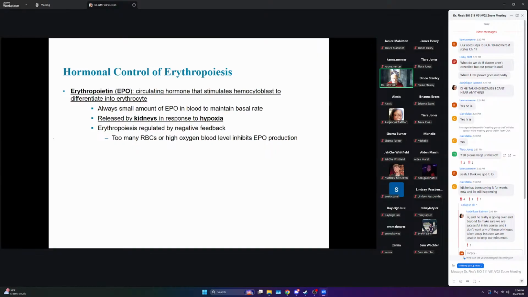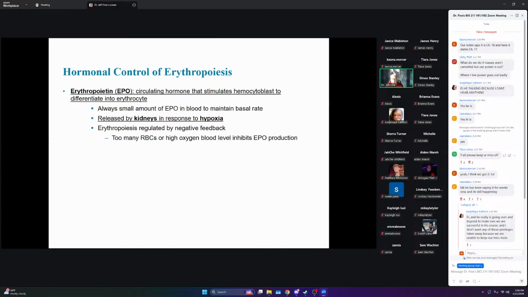If our body isn't effectively getting enough oxygen, the kidneys will release erythropoietin into the bloodstream, and that erythropoietin will in turn stimulate the hemocytoblasts to start cranking out new blood cells as erythrocytes to shore up that deficit and increase the number of red blood cells, thereby increasing the oxygen carrying capacity.